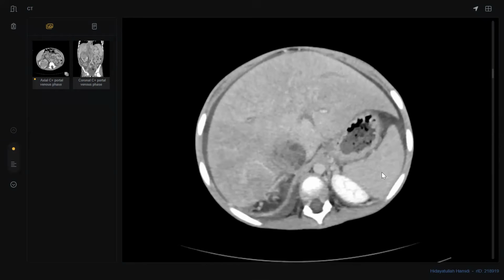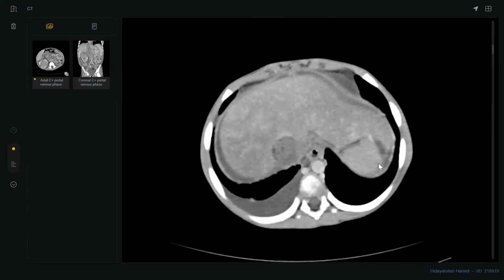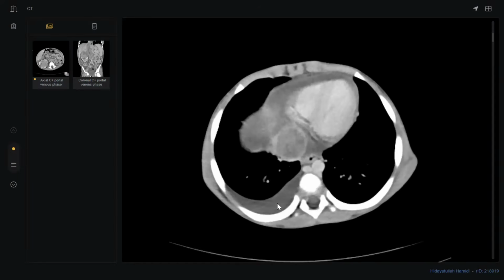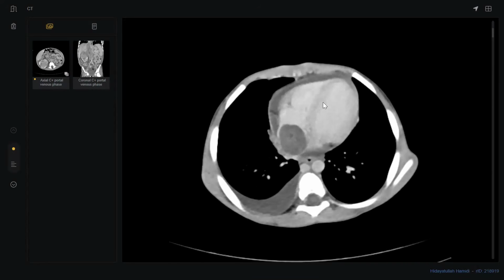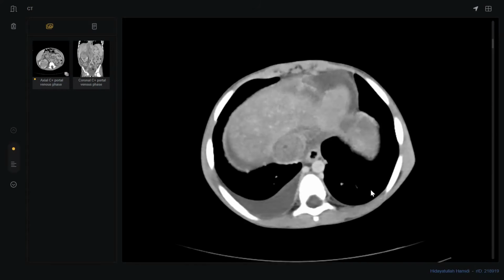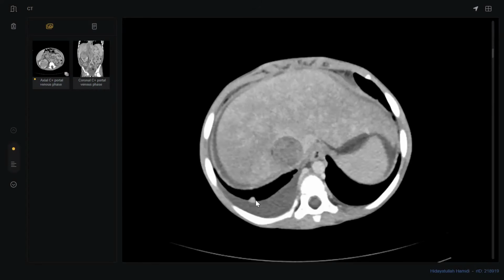Left kidney is normal. Apart from that, mild right pleural and pericardial effusion, no left-sided pleural effusion. There is a pleural-based nodule on the right basal side. I want to see the lung window.